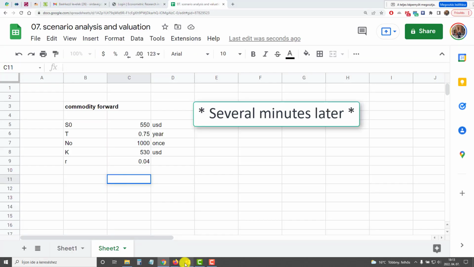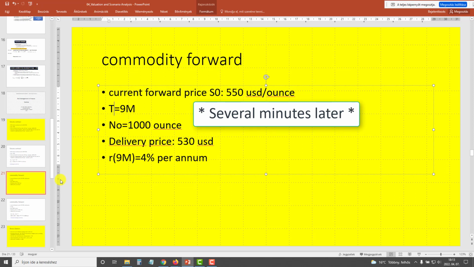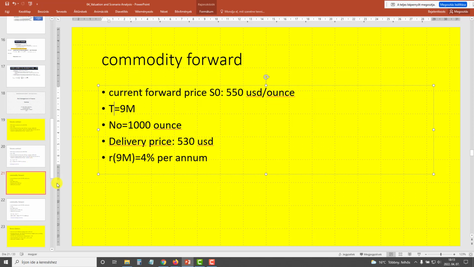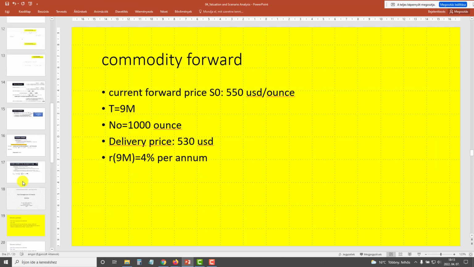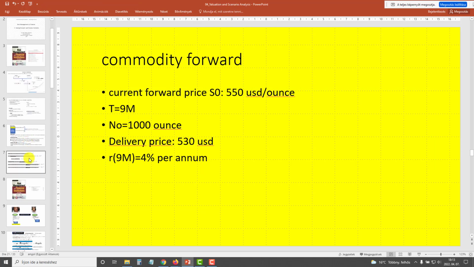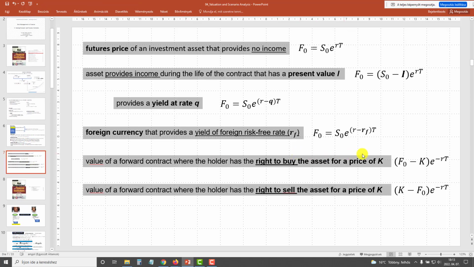Before continuing, we can think, okay, but how can we price this one? Let's go back here.